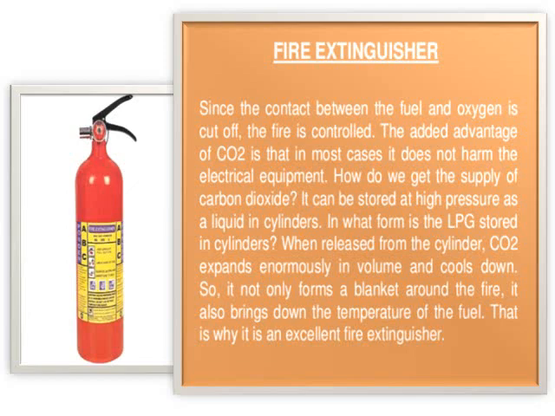In what form is the LPG stored in our cylinders? When released from the cylinder, carbon dioxide expands enormously in volume and cools down. So it not only forms a blanket around the fire, it brings down the temperature of the fuel. That is why it is an excellent fire extinguisher.